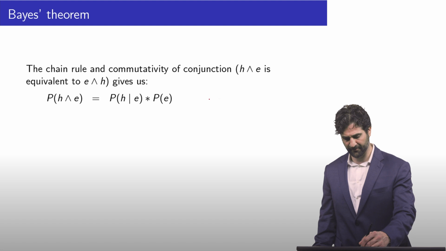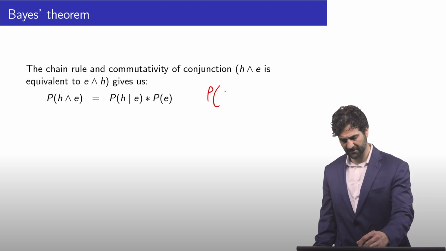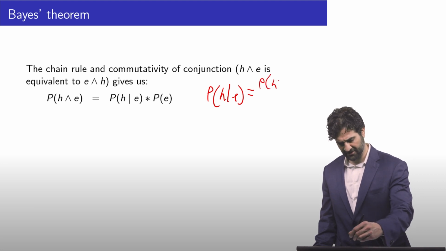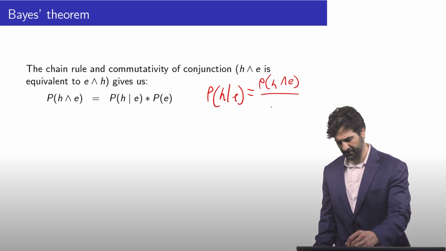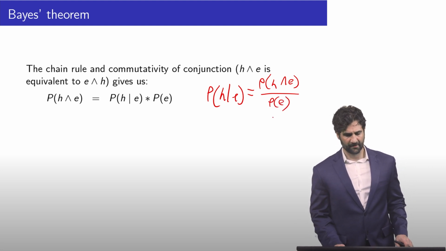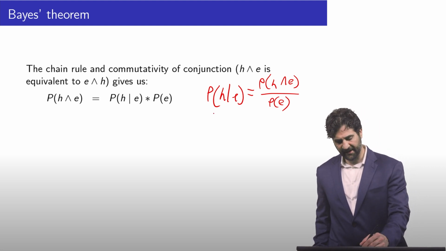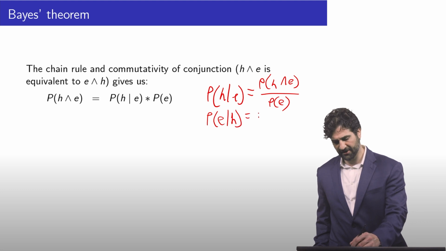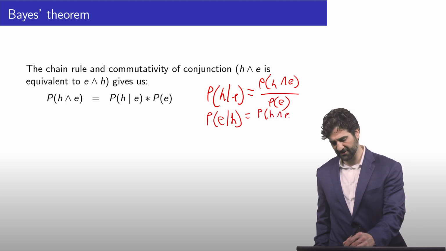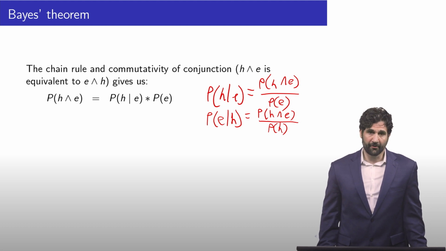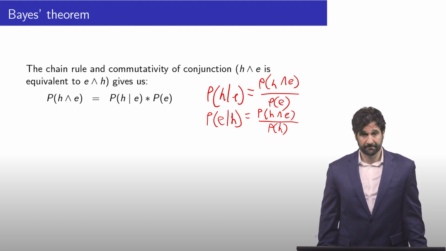And this comes from the simple fact that P of H conditioned on E equals P of H and E over P of E. But we also know that P of E given H equals the probability of H and E over the probability of H. Notice here that the numerator in both of these is the same.